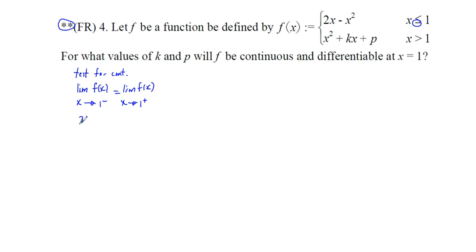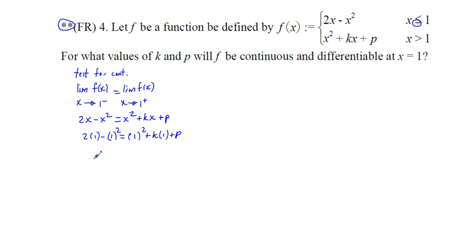So the left-hand side is going to be 2x minus x squared, equals the right side, which is going to be x squared plus kx plus p. Now we're going to just substitute in 1. So we have 2 times 1 minus 1 squared equals 1 squared plus k times 1 plus p.